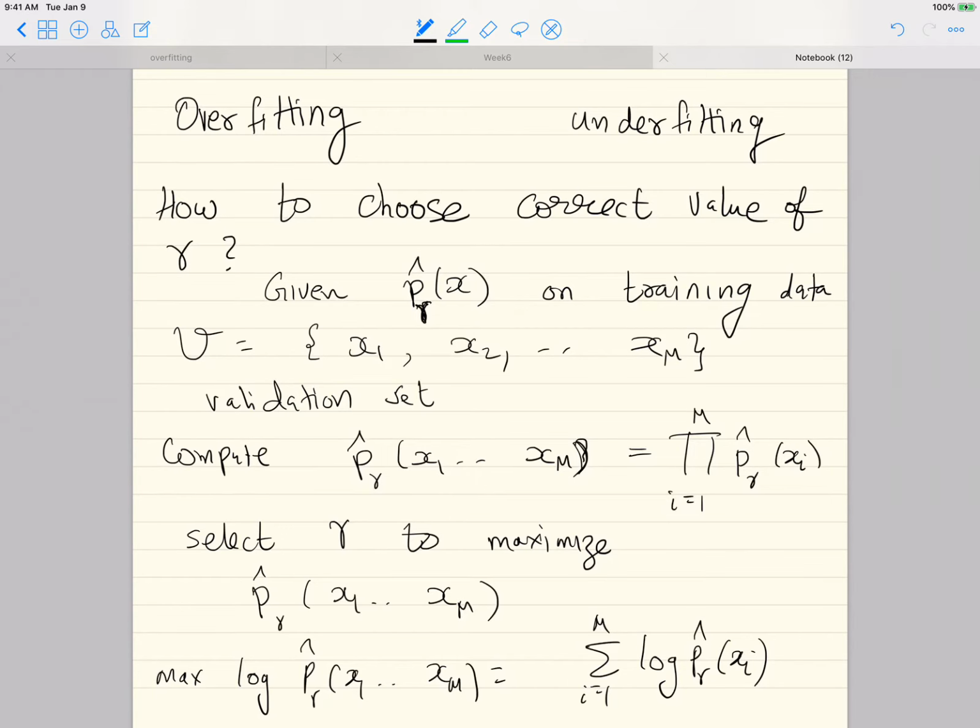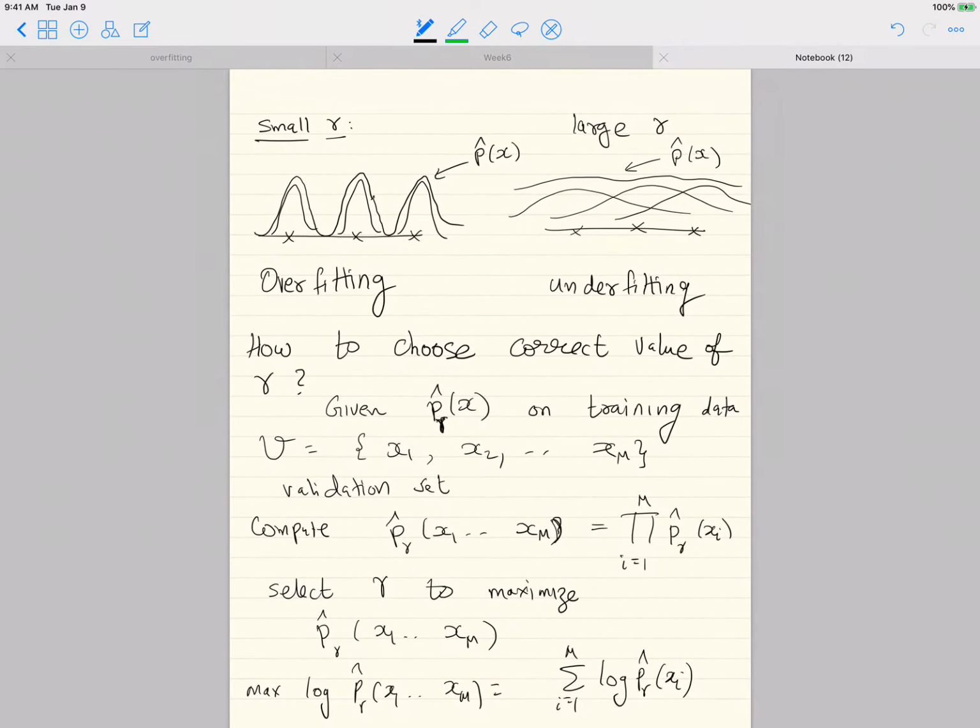It is something which is critical to select, because you can either get overfitting or underfitting if it is not selected properly. But then a natural way of selecting the right r is simply through using a validation set and maximizing your function here. In this case, it's the likelihood function, the log likelihood function on the validation set.